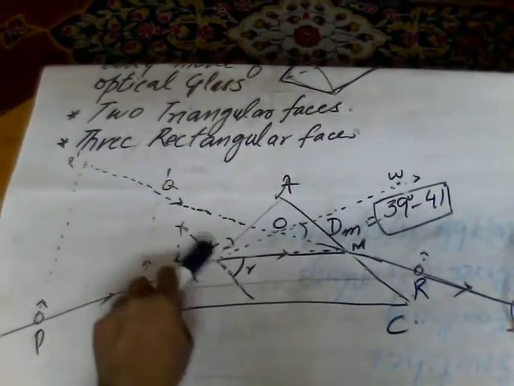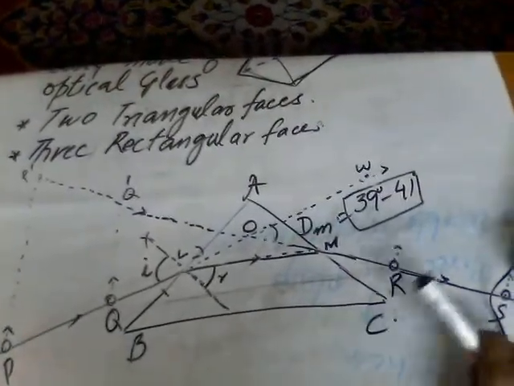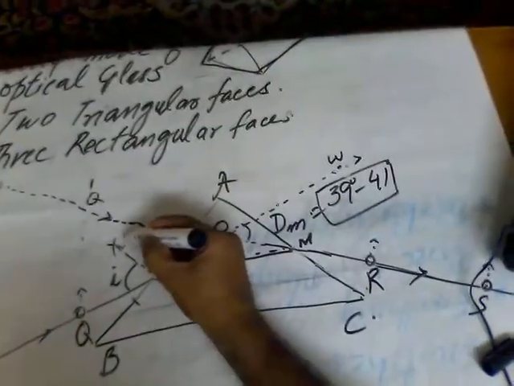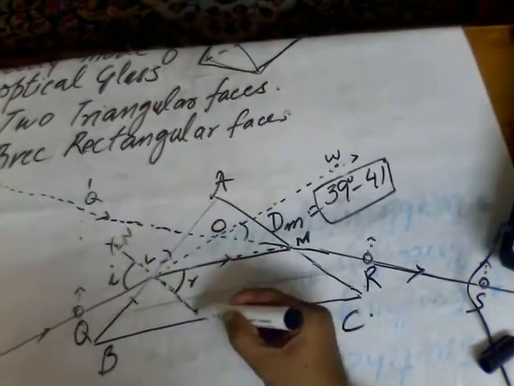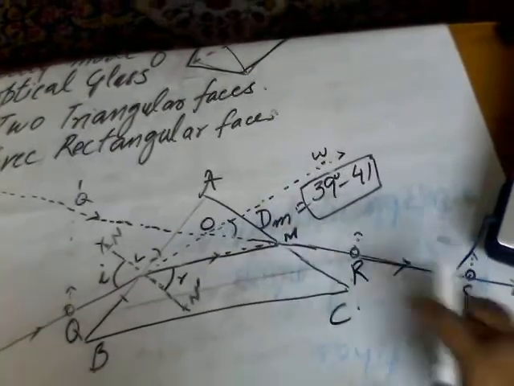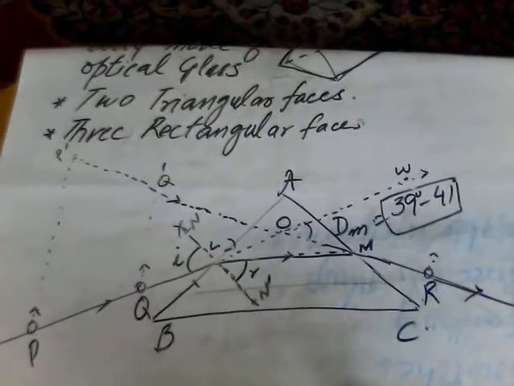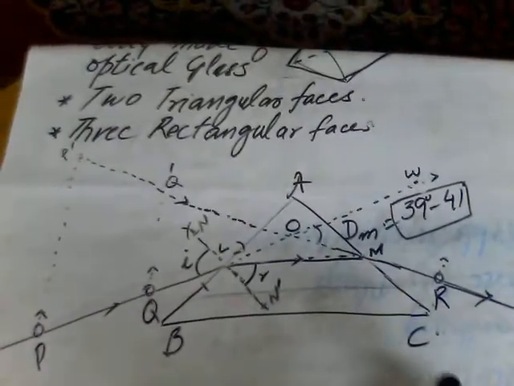This perpendicular is called the normal, and we commonly represent it by N and N dash. N dash is the normal, which is a perpendicular on the side of the prism AB.